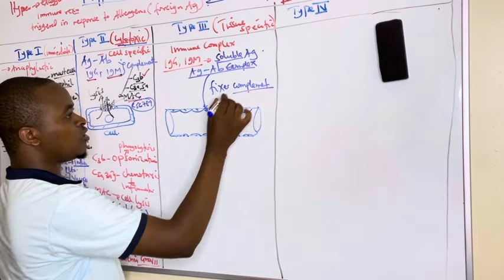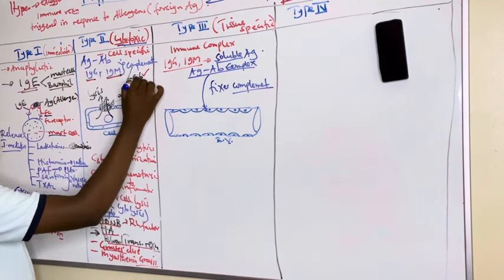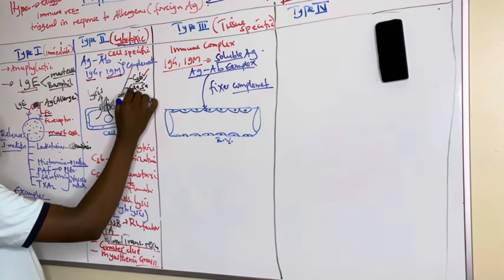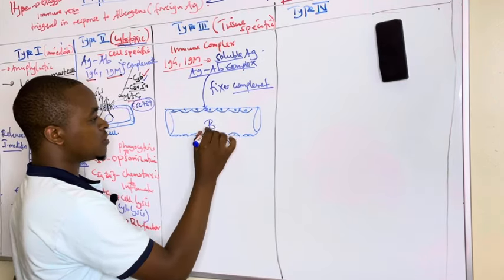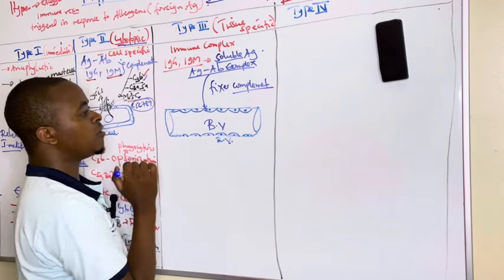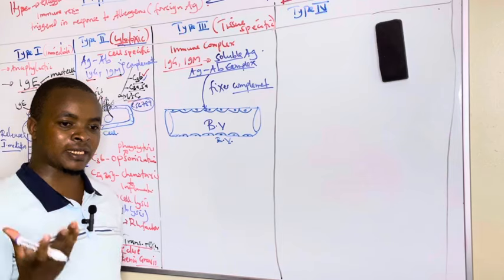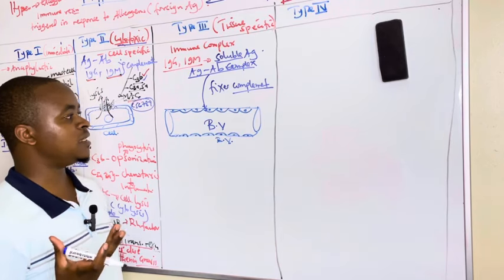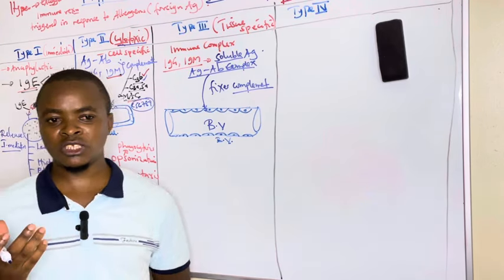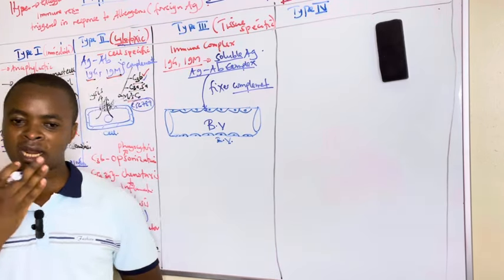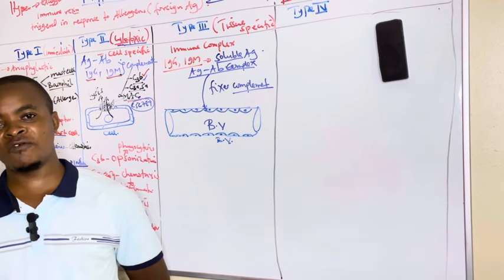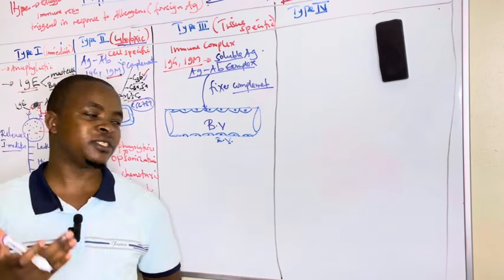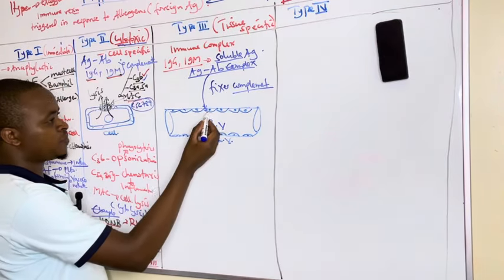After fixing the complement system, which we have seen, there is production of C3b, C3a, and MAC in the endothelium of the blood vessels, or at the site where they are localized. Sometimes these immune complexes are localized at the tissue site, or they are moving in circulation and are deposited in the endothelium of blood vessels.